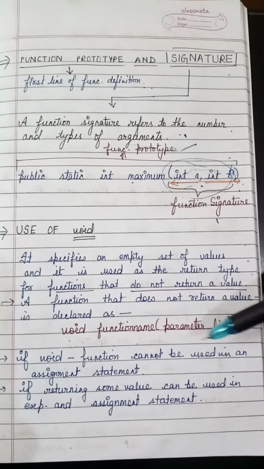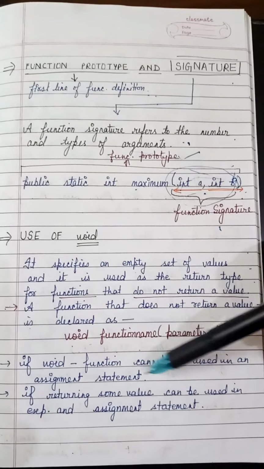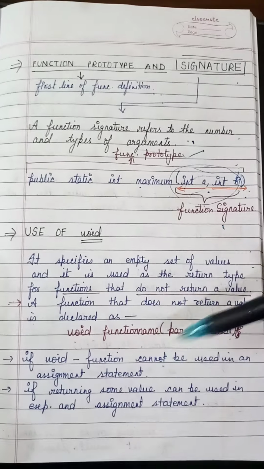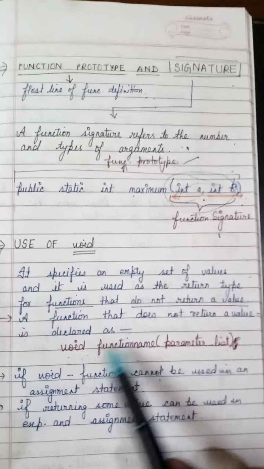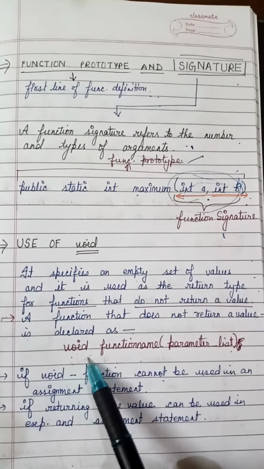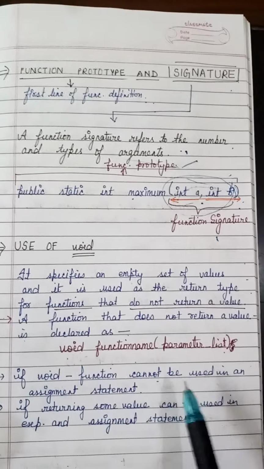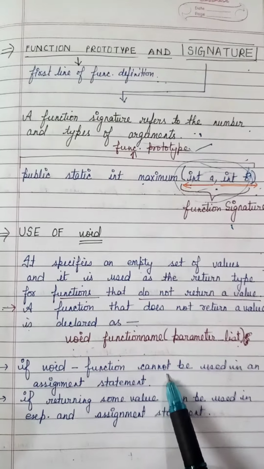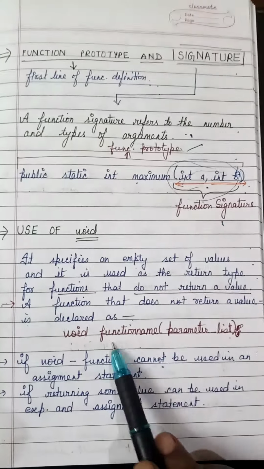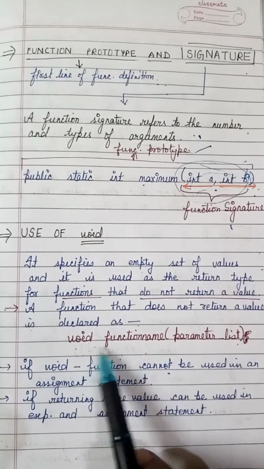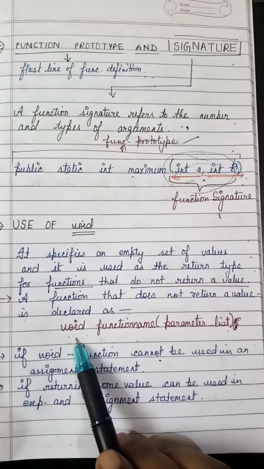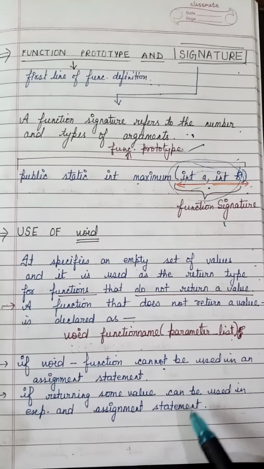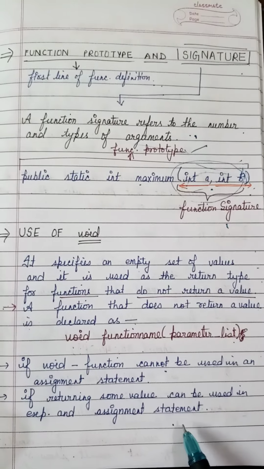A void function cannot be used in an assignment statement. If void is there before the function name, you cannot use that function in an assignment statement. If it is returning some value, if int is there suppose, then there will be a use of an assignment statement.